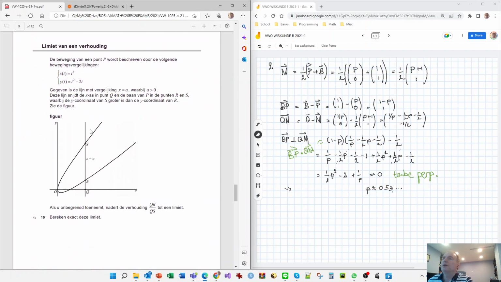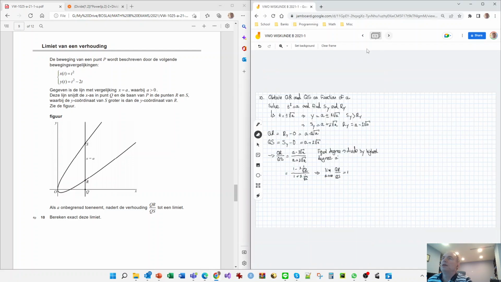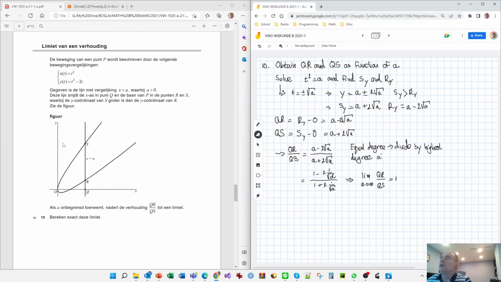Okay, now they have a question about an equation of motion describing this form here. And we have a vertical line, x is a.